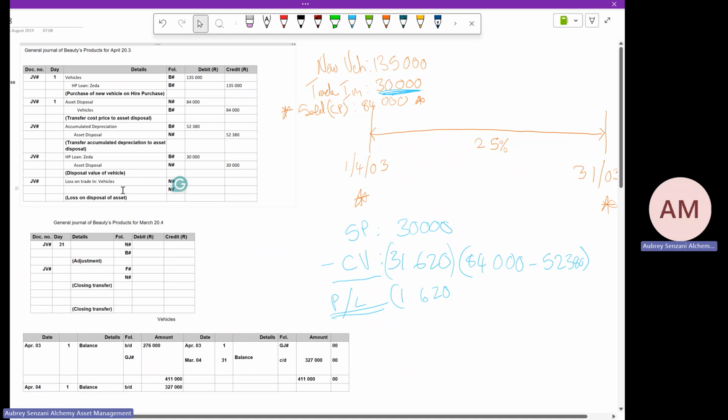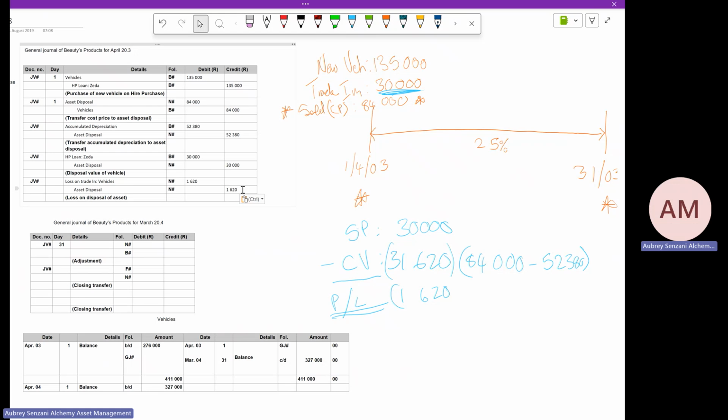Once again, the other account that is affected is asset disposal. That loss was 1,620.